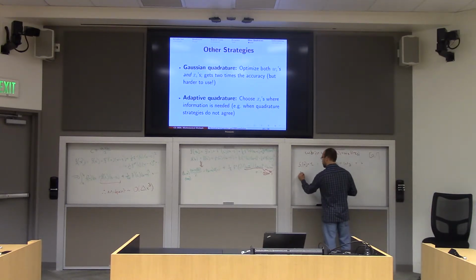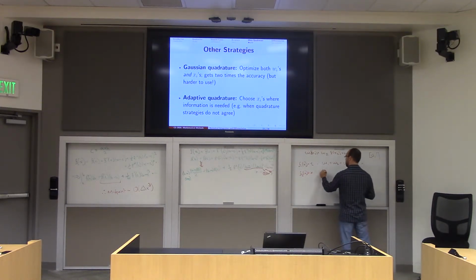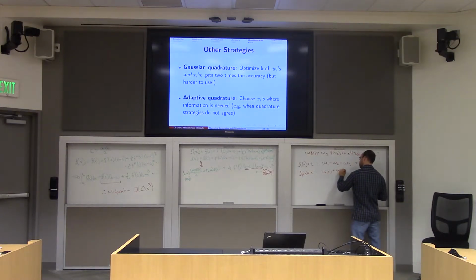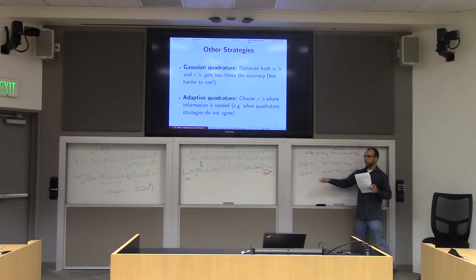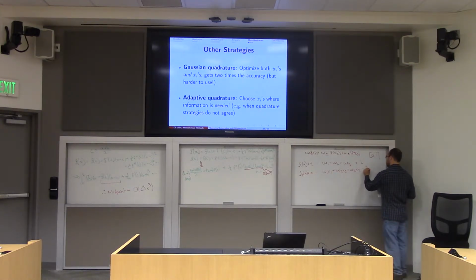Similarly, if we choose f2(x) to equal x, then we'll have w1 x1 plus w2 x2 plus w3 x3 is equal to the integral of x from 0 to 1, which I believe is a half.